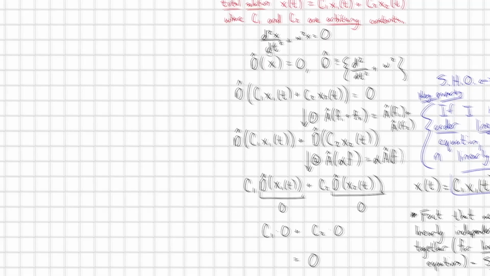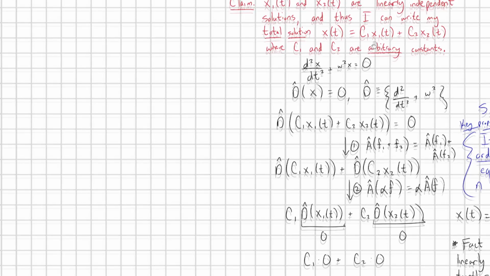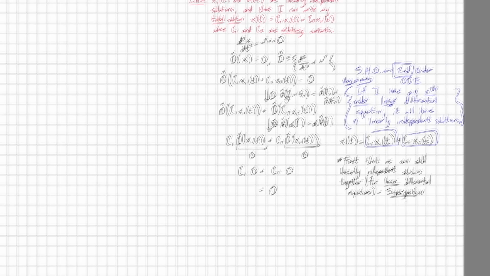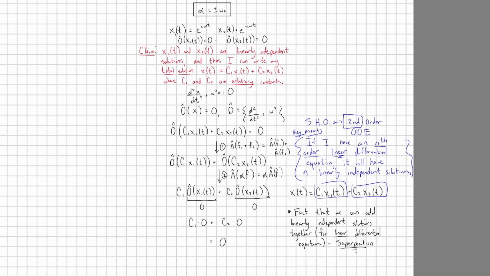So let's go ahead and write down what our total solution looks like. I've written down x1 of t and x2 of t. I'm literally going to take my solutions x1 and x2 and plug them in. Then we're going to keep going from there. So we'll start over here.